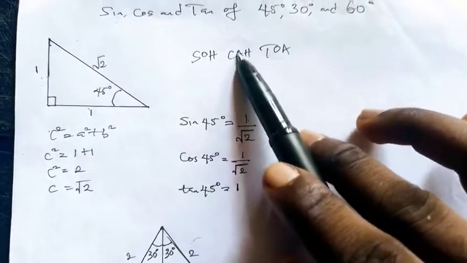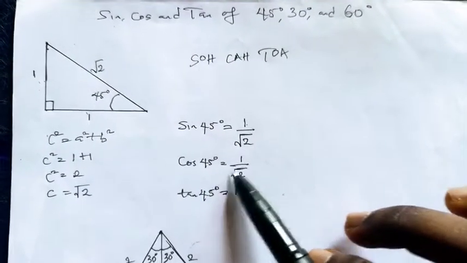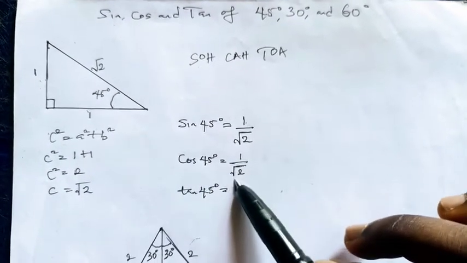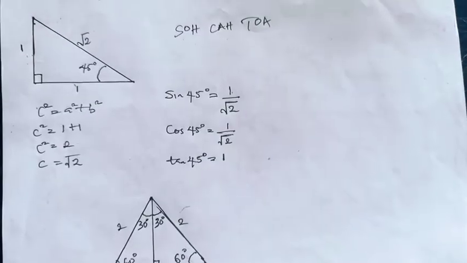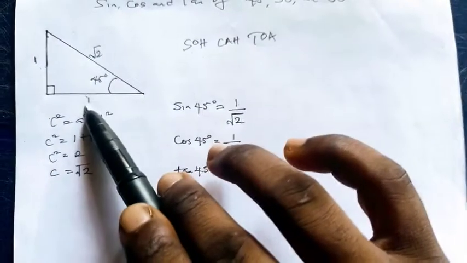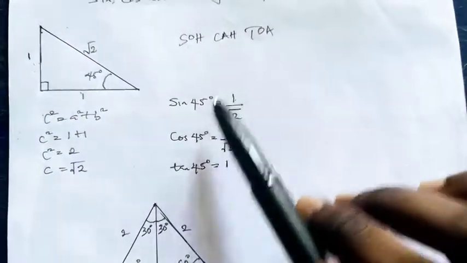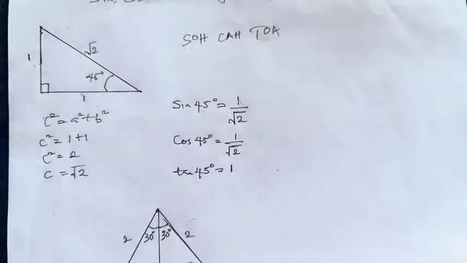And also our cos 45 degrees is equal to 1 over square root 2, which is the adjacent over the hypotenuse, and this is the same thing as the sine of 45 degrees.